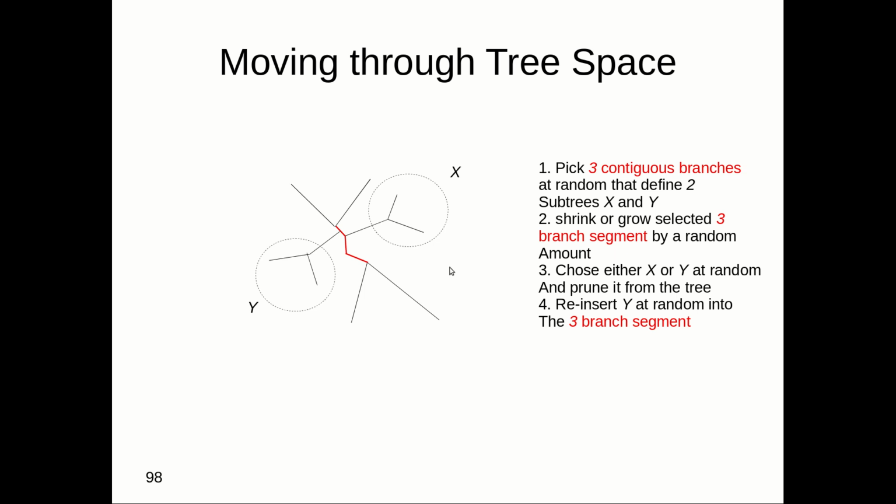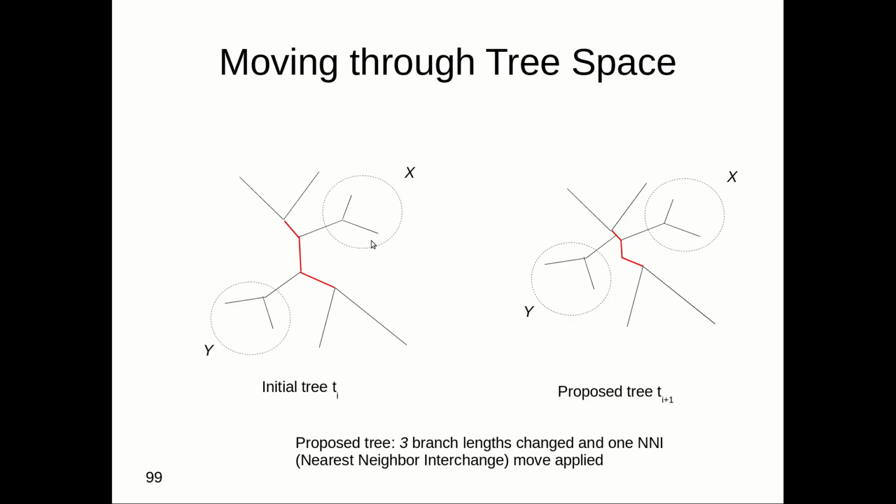Once you've done that, you're basically ready, and then you reevaluate. You evaluate the likelihood of this tree, then you calculate the prior ratio. This is probably just 1 if you assume a uniform prior for the tree topologies. Then you calculate the likelihood ratio and the Hastings ratio. Okay. So here is the proposed tree.